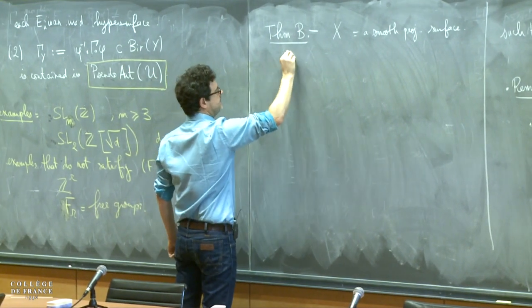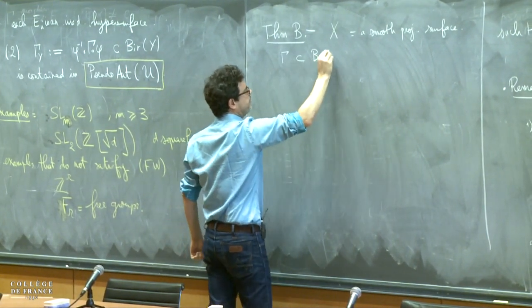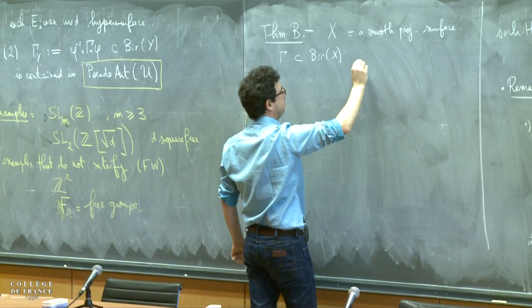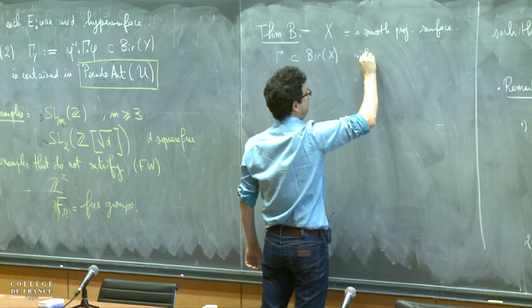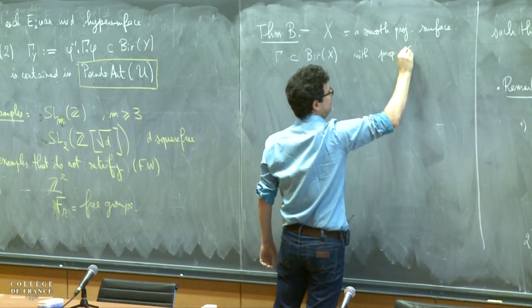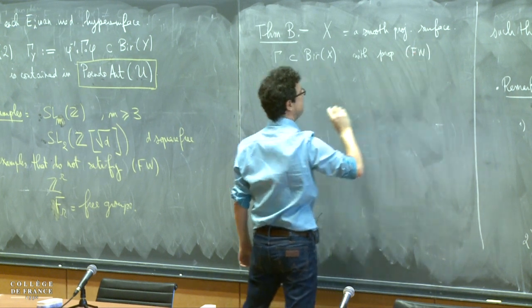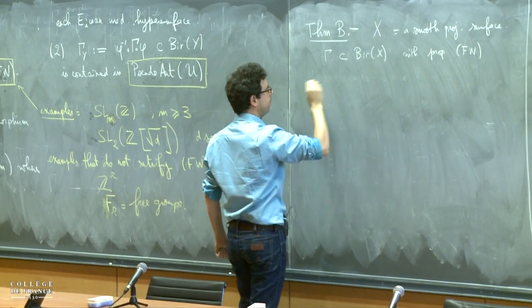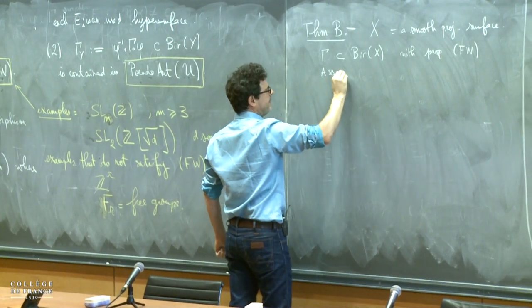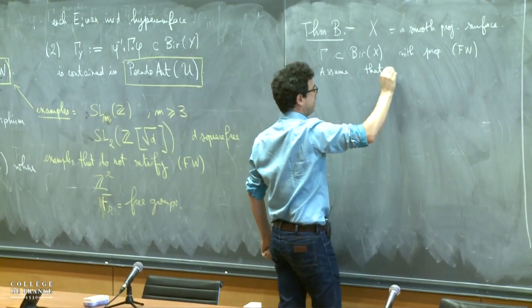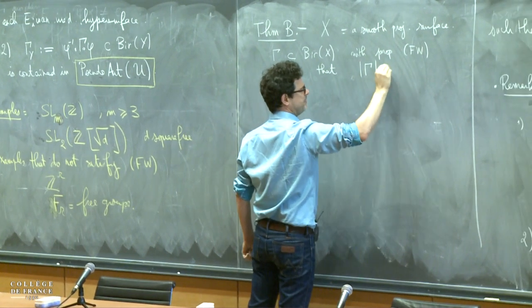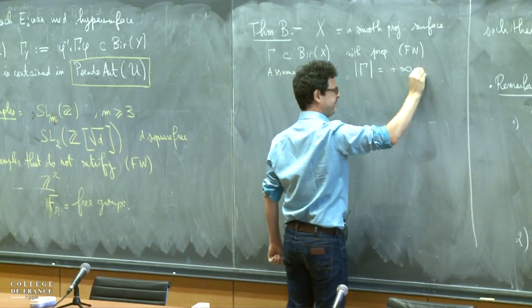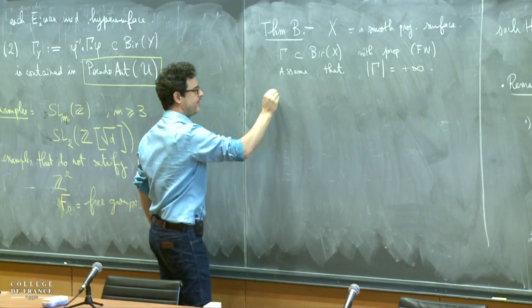And then you take a group of birational transformations in X with property FW. And then the conclusion is, so assume that gamma is not a finite group. So the number of elements is infinite. Then the conclusion is the following.